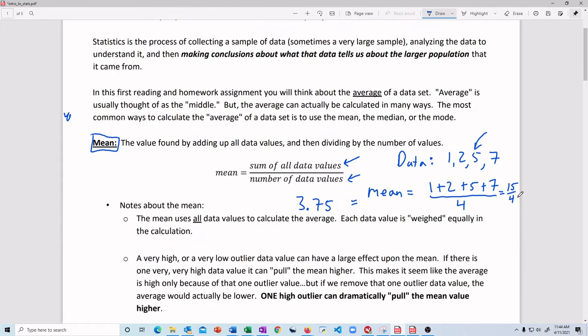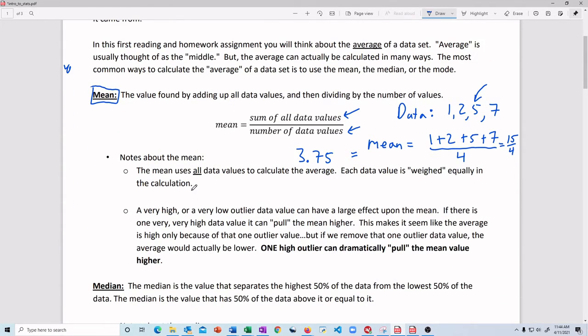Okay, so a couple notes here. The mean has to use all the data values, and each one is equal in that it's used once and added up. But there is a little caveat here, the second bullet point. Even though every data point is used only once, and so it sounds like it counts the same, that's not true, especially when you have very big or very small numbers.